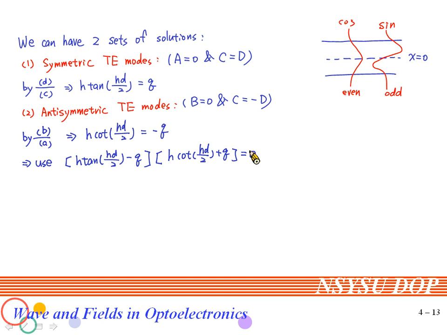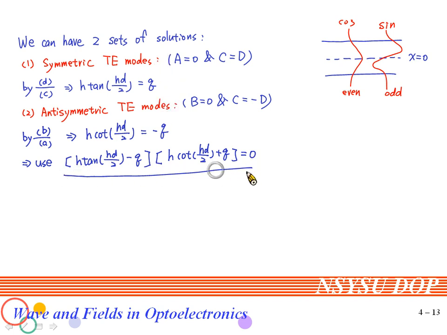You can see that symmetric TE modes will satisfy this equation. For antisymmetric TE modes, they will satisfy this equation. So we just combine these two equations to form this one. And then both symmetric TE modes and antisymmetric TE modes will satisfy this equation. So we just have to solve this equation to obtain all kinds of TE modes.